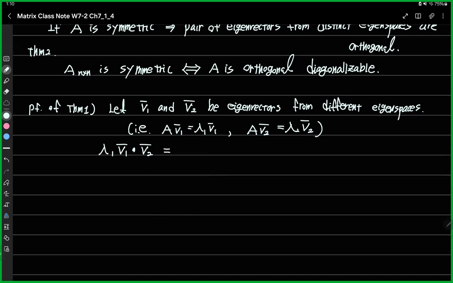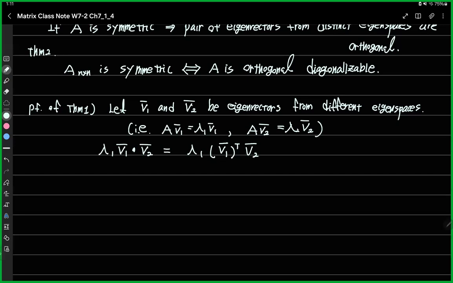So then V1 dot V2, first one, lambda 1 V1 is A V1, right? Before doing that, let me rewrite this in matrix form. So lambda 1 and then V1 transpose V2.